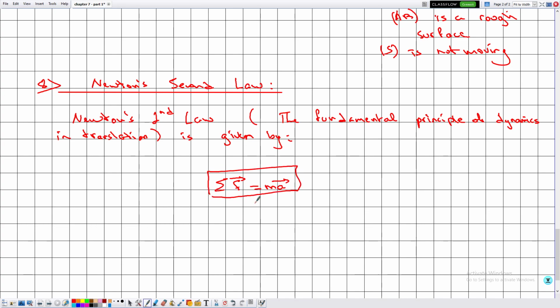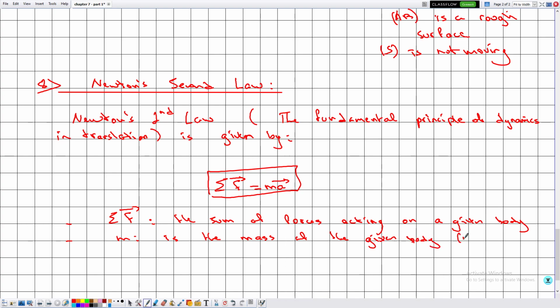So what does each quantity represent? Let's start with the sum of forces. The sum of forces acting on a given body. M is the mass of the given body, and for sure the SI unit of mass is kilogram.